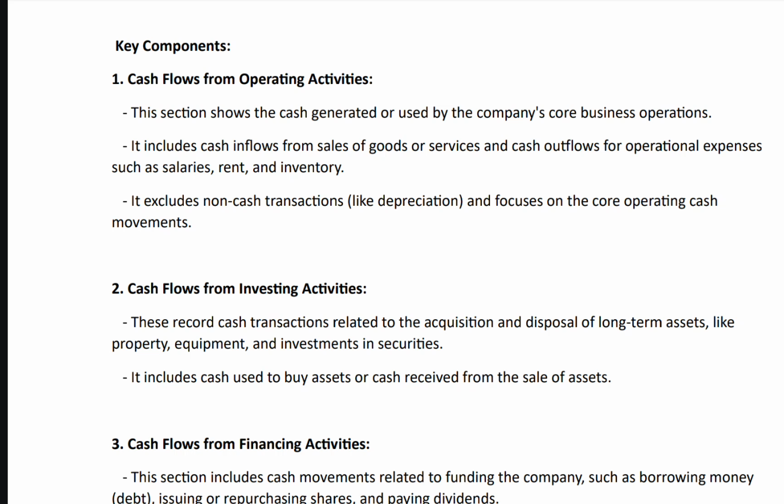So operating activity means what is the main purpose of the business, what all money the business earned through the main business, what all money is spent for the main business, it is taken under the cash flow from operating activity. So we told before, we have three ways for the cash to enter and exit a business. We have told the very first way. The second way is cash flow from investment activities.